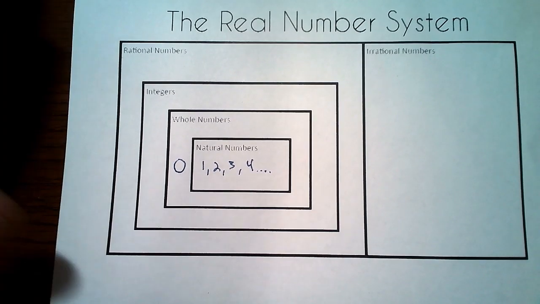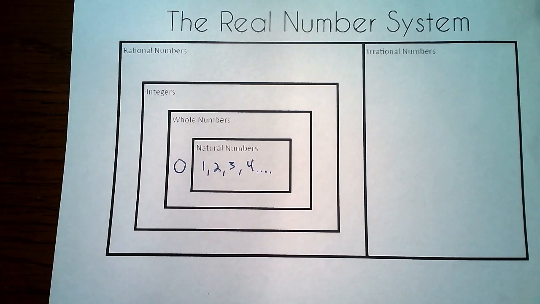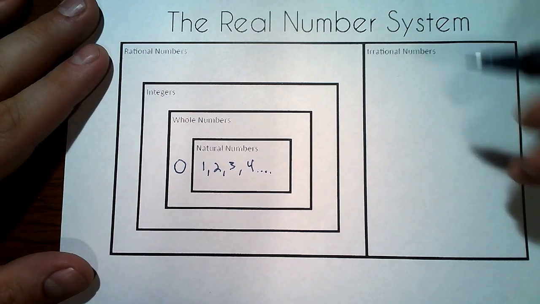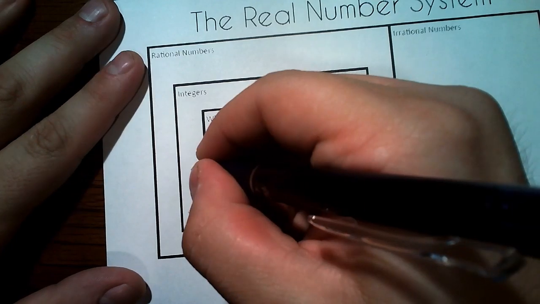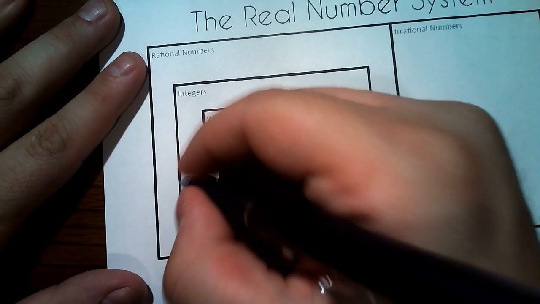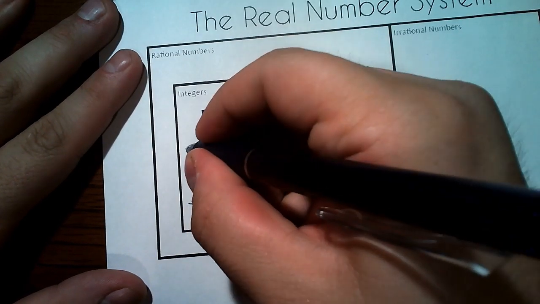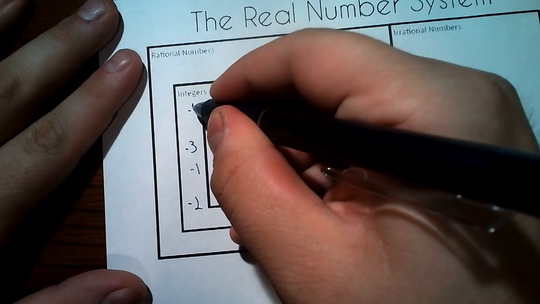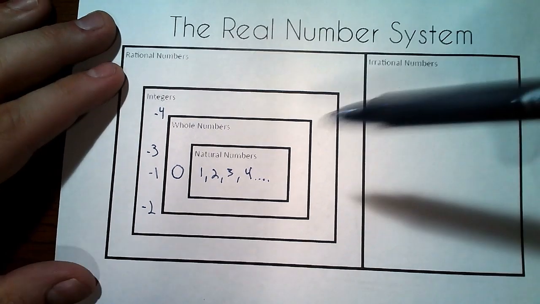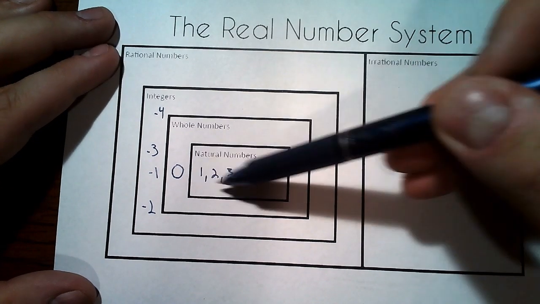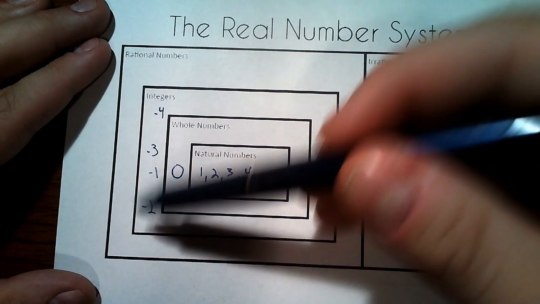And so we had to include what's called integers now. So integers are these numbers, but also their opposites. So -1, -2, -3, -4. Integers are the whole numbers plus their opposites.